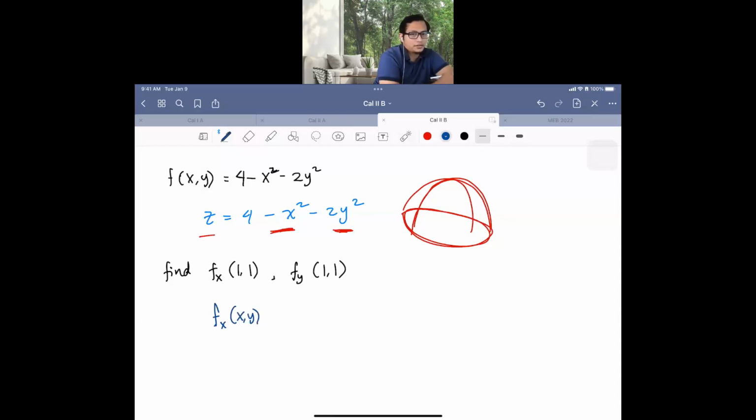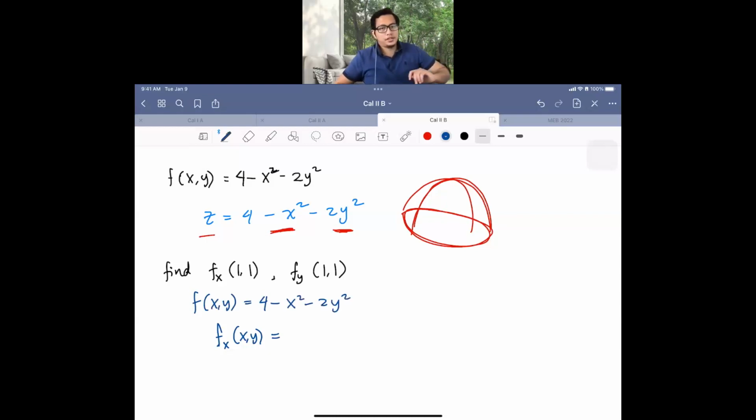Okay. Now from the function, or let me write the function once more. Okay, that's the function. So partial x means that we are going to treat x as our only variable, and the other part will be a constant.